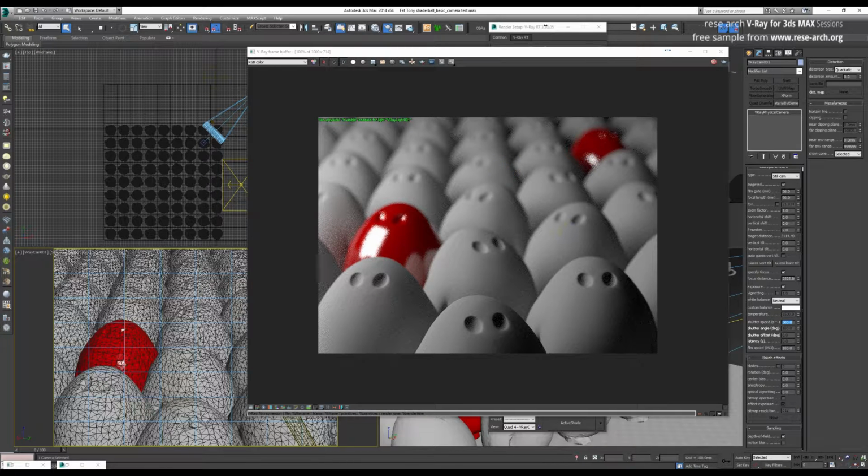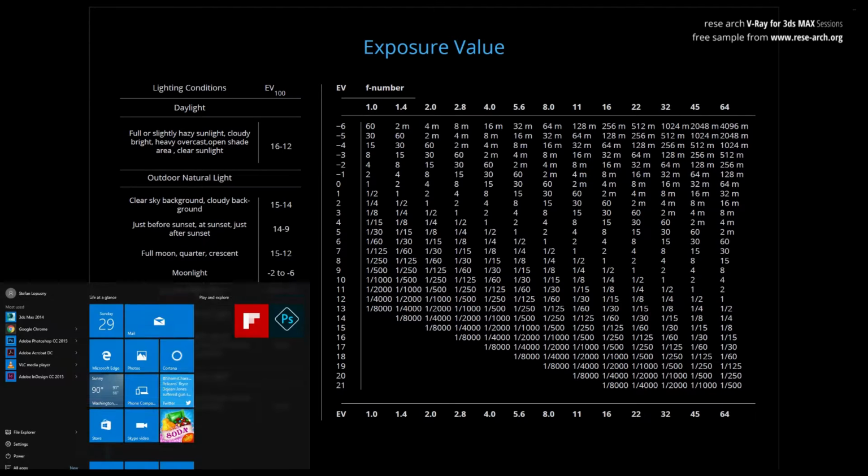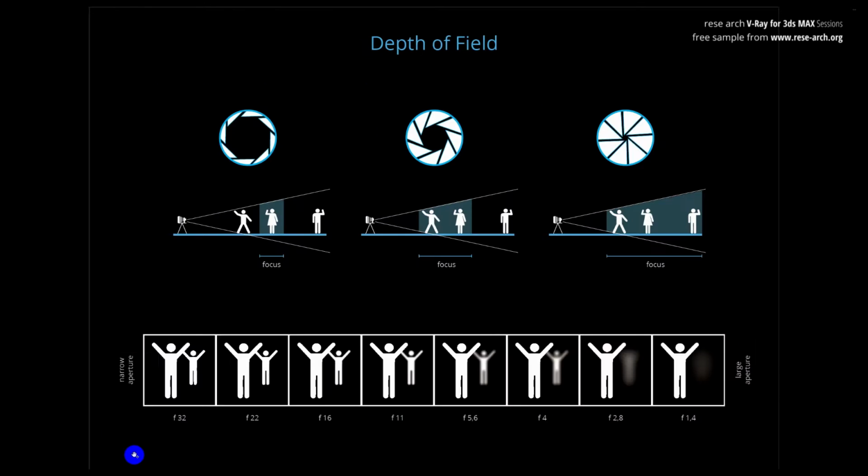And then again, if you want to make it even stronger, you can do exactly the same thing. So from 11, if you want to go really low on the F number, which would be 1, you can do that, but you need to also change your shutter speed to 2000. So let us try that in the render.